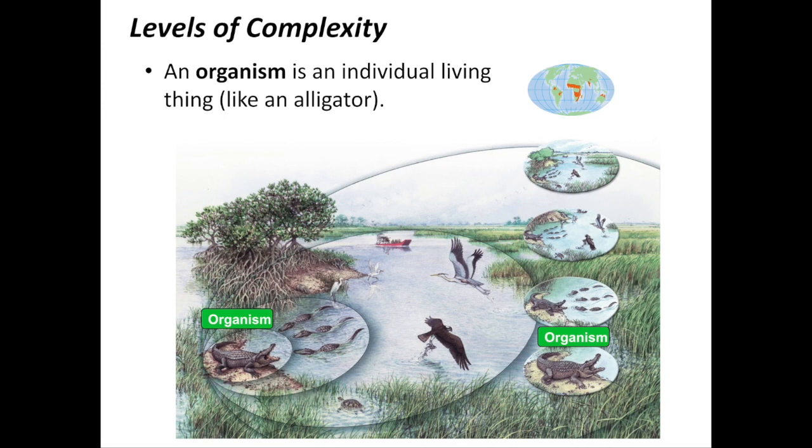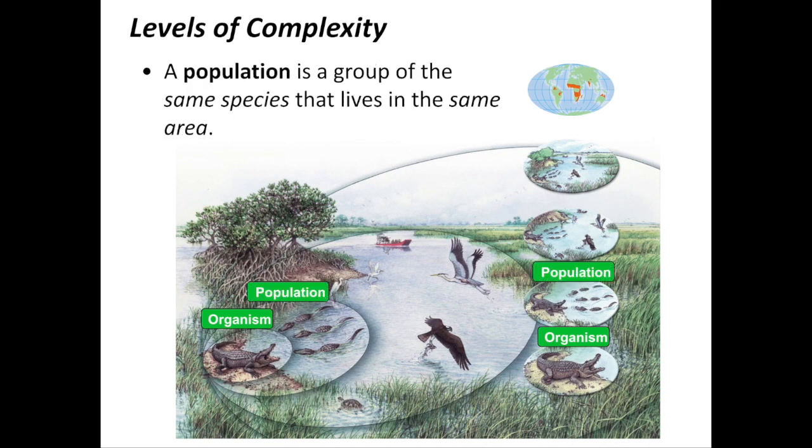So an organism is an individual living thing, like this alligator here, and then that organism is part of a population. So a population is a group of the same species that lives in the same area. And when we're looking at ecology here, the same area could be something very, very small, like one rotting log, or it could be something huge, like a continent.